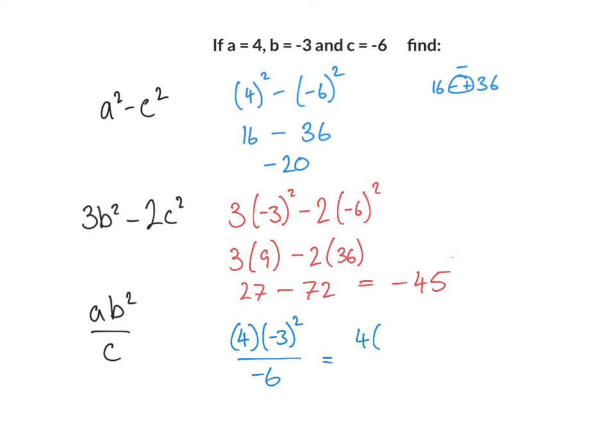We've seen that minus 3 times minus 3 is positive 9, and that's divided by minus 6. So 4 nines are 36, divided by minus 6. 36 divided by 6 is 6, and a positive divided by a negative is negative. And so overall, we can simplify that down to minus 6. And we say that we're evaluating this expression by substituting these values in.